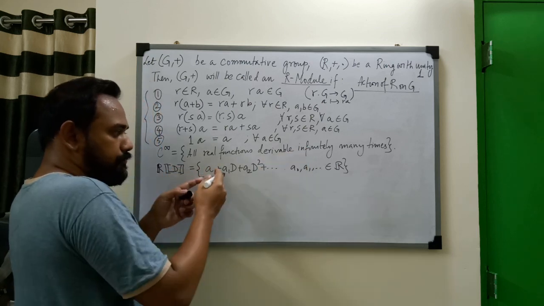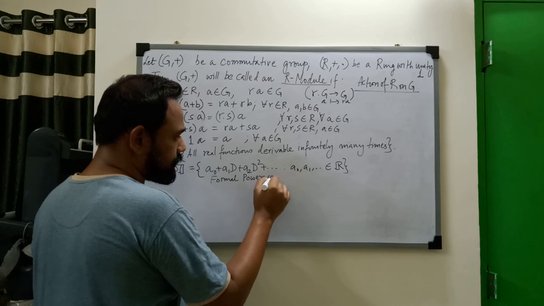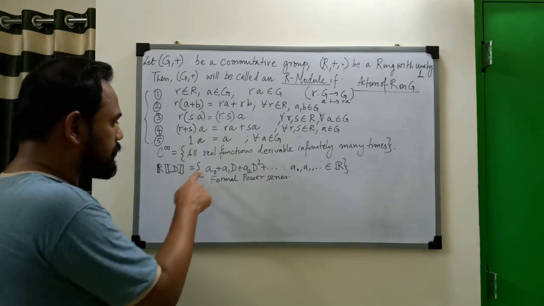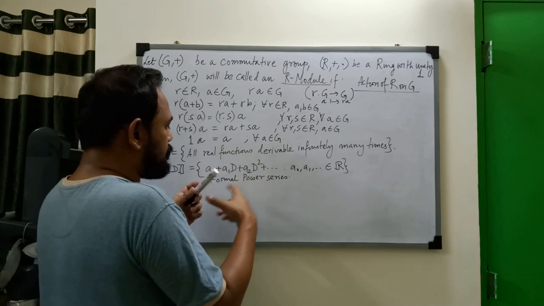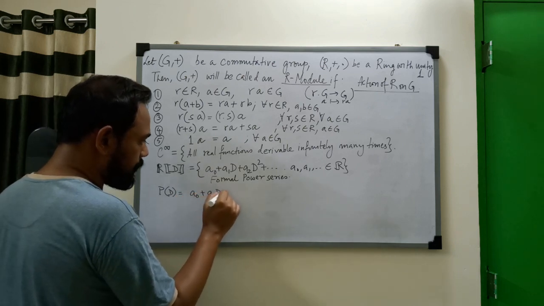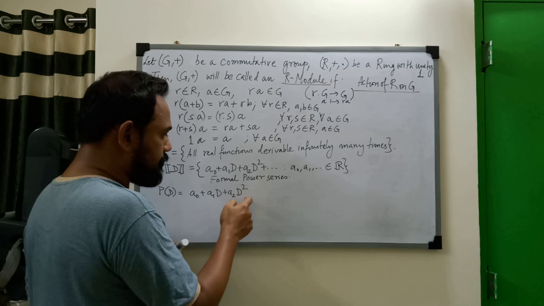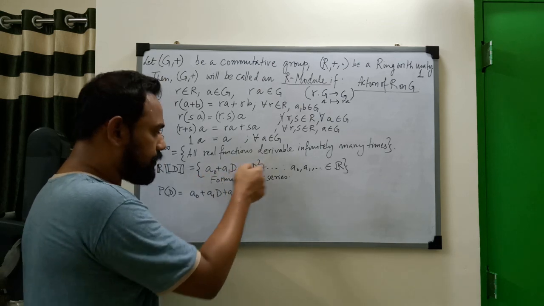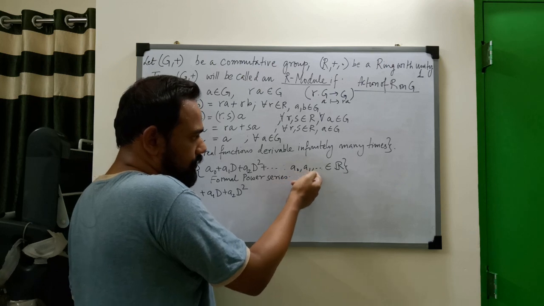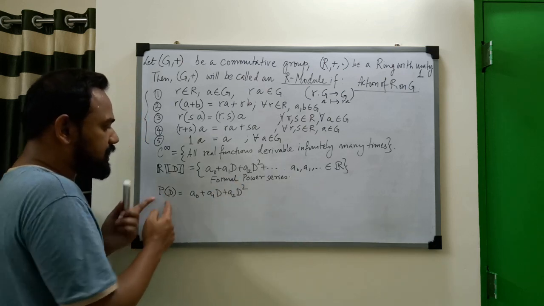An element of this kind, which looks like this series, is called a formal power series, because it's a series of various powers of D. Now you can imagine that for example, if I have an element P(D), which is A0 plus A1D plus A2D square, and all the other coefficients are 0 from 3 onwards, which is possible because 0 is a real number, then this becomes a polynomial of degree 2. That's why I've written it as P(D).